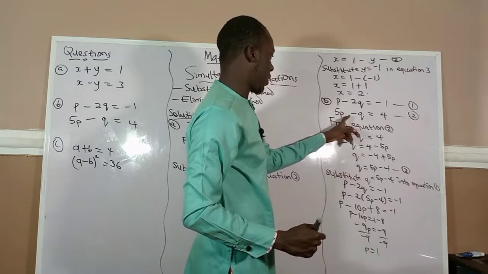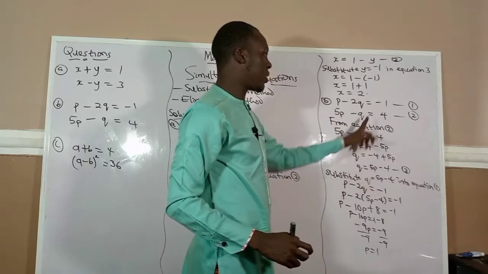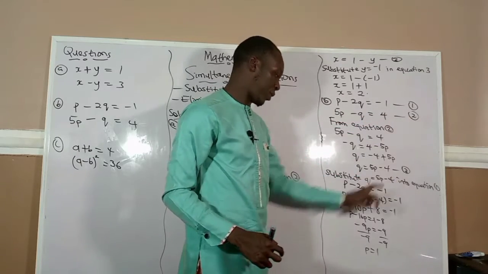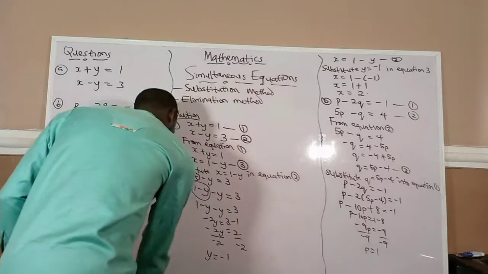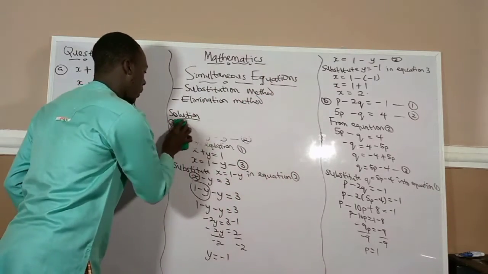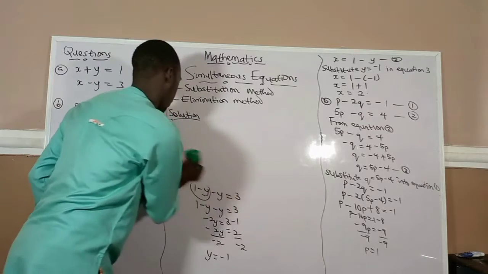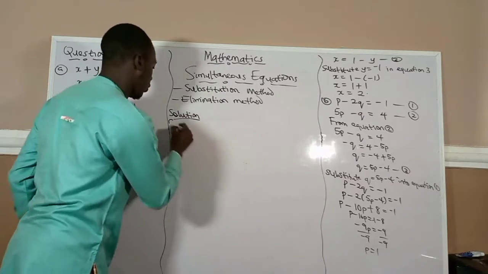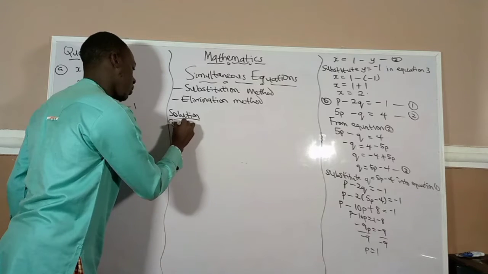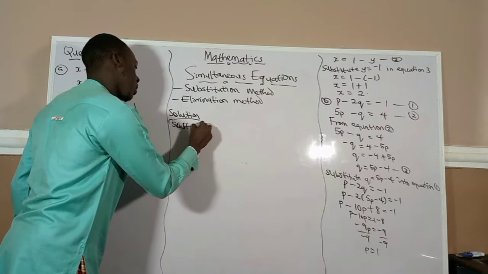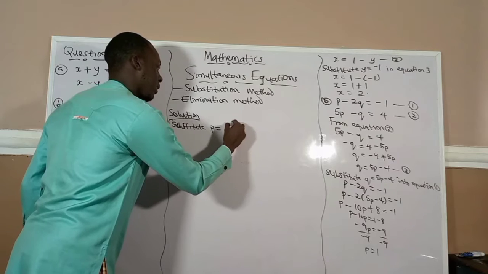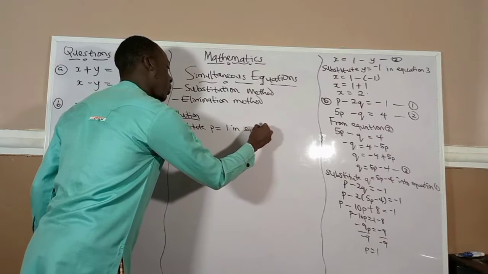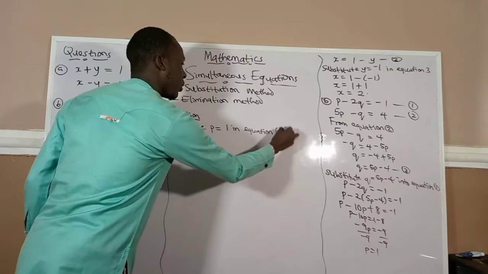Now I need to get q. You can use either equation 1, 2, or 3. But let's see what will happen if we use equation 3. Now the next thing to do is substitute p is equals to 1 in equation 3.